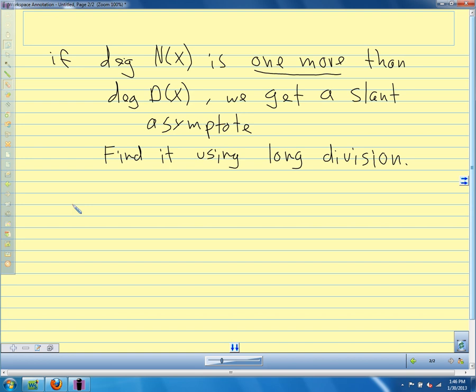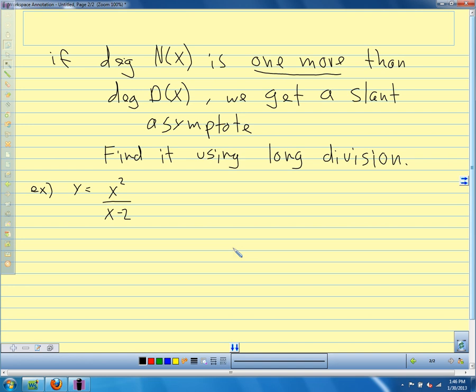All right, so let's look at a quick example of finding a slant asymptote. Just a process that we go about it. So our problem was to sketch y equals x squared over x minus 2.